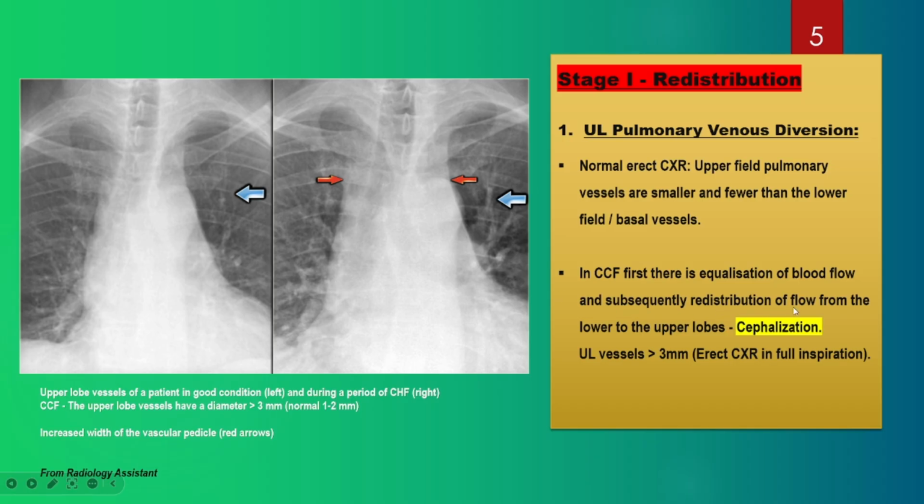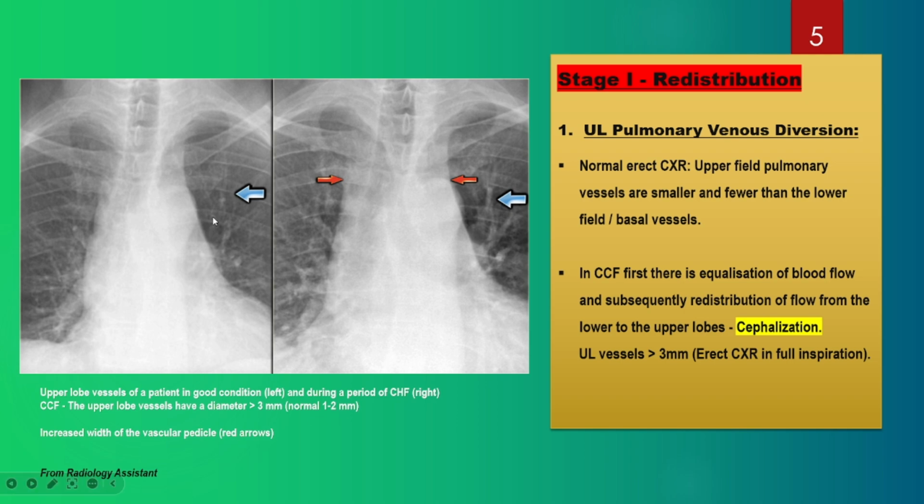Subsequently, with redistribution of flow from the lower lobes to the upper lobes, the upper lobe vessels will dilate to more than 3 mm in diameter in an erect chest X-ray in full inspiration, and that is called cephalization. The normal diameter is only about 1 to 2 millimeters.